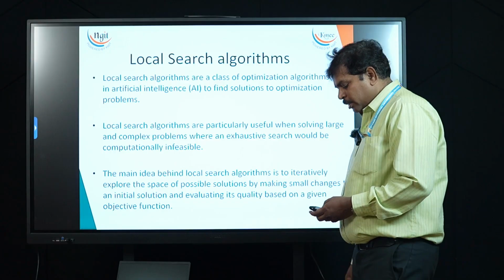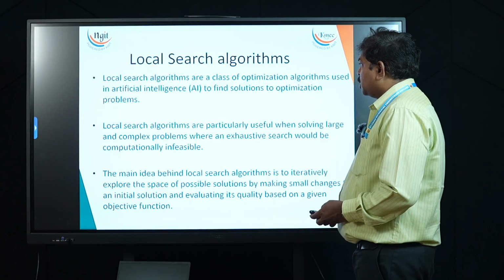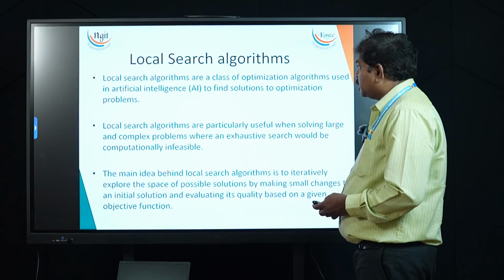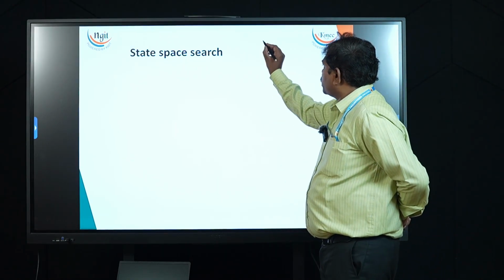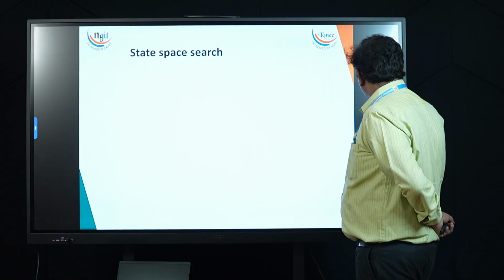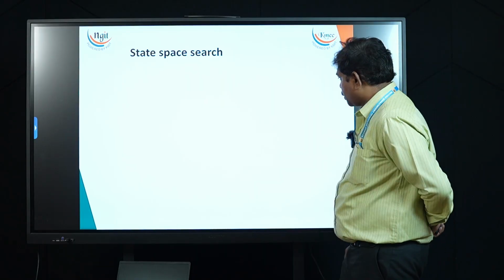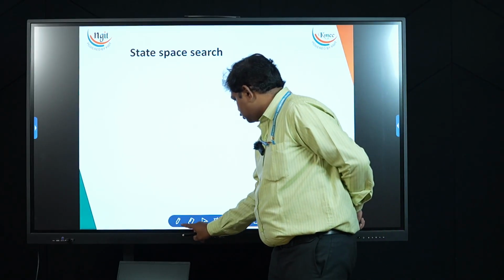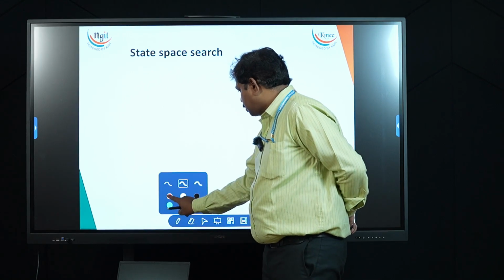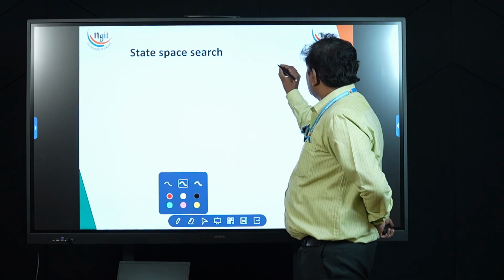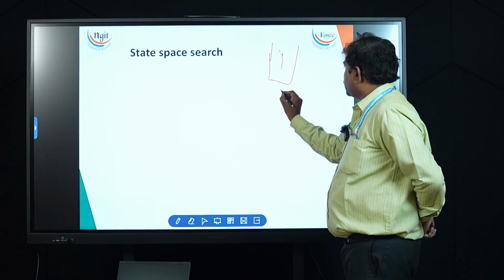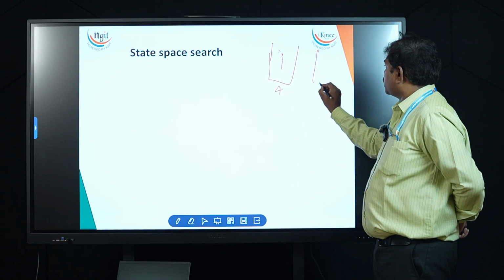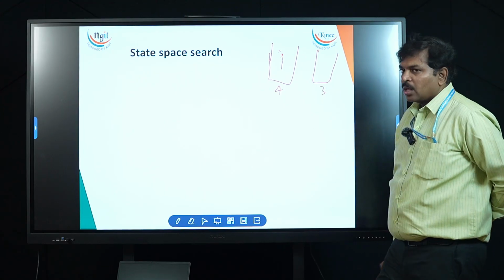Let me give you a small example about how we drew a water jug problem in the last session. Suppose I have two jars. One jar can hold 4 liters, another jar can hold 3 liters.